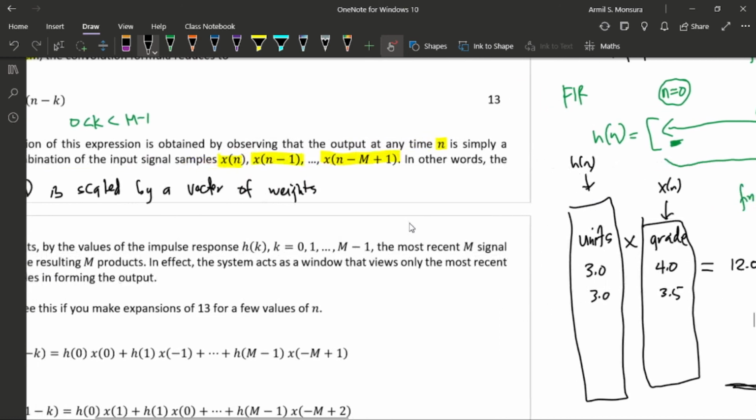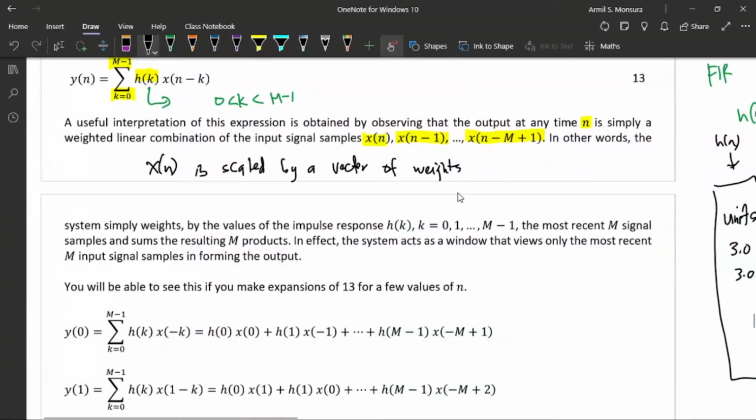Ngayon, ang pagkakaiba lang with the example that I had at saka ito, is that your hn is actually moving in time. You are actually moving your xn, I mean your hn, in time.